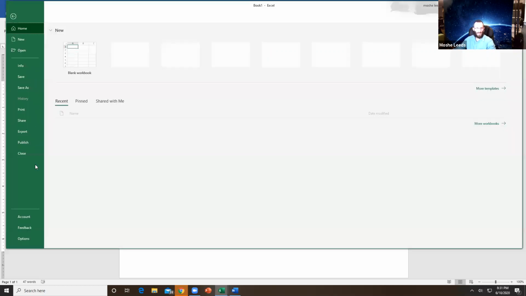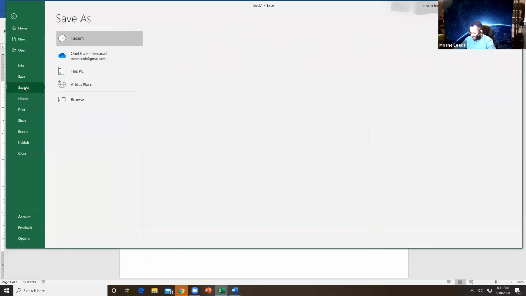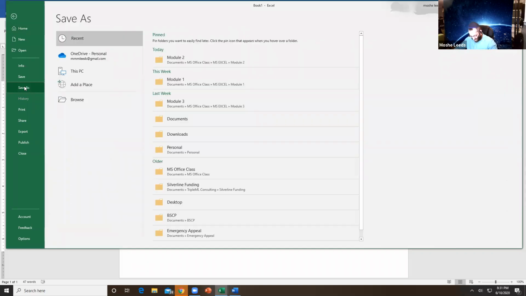So let's go to File. I'm going to select Save As. You could save it however you want, but I'm also going to choose the folder that I want to save it in.